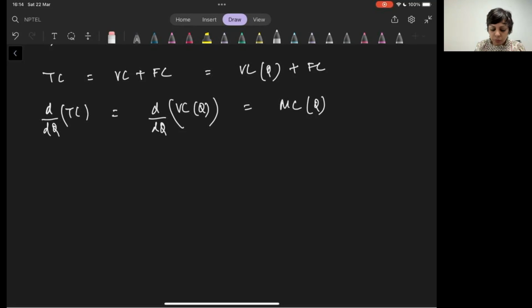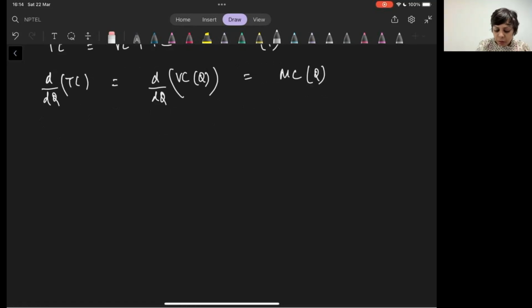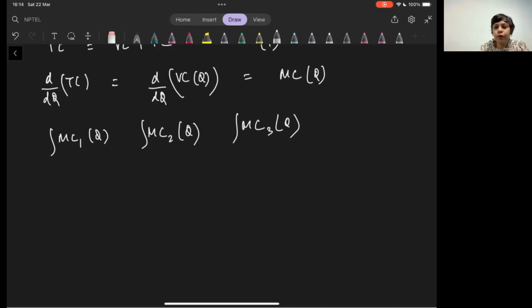So in each short run, you can define, say, marginal cost 1, marginal cost 2, marginal cost 3, whatever. Okay, now if you take integral of all of these, and if you sum it, you will still only get total variable cost. You are still missing the component of fixed cost, right?